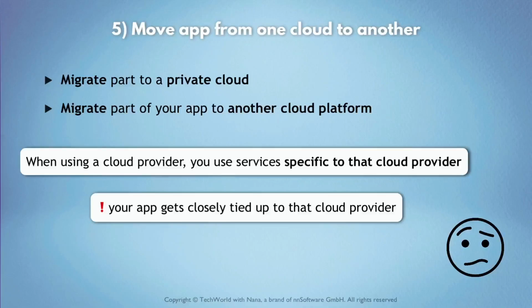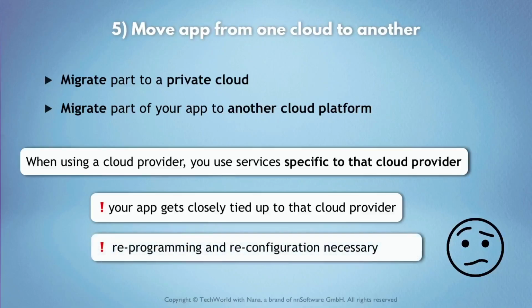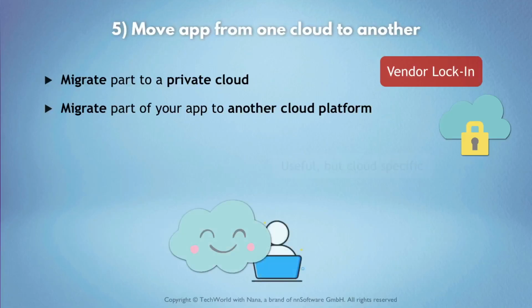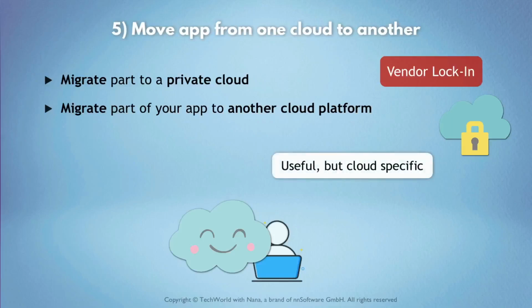You may need a lot of reprogramming and reconfiguration to move parts of your code or the whole application away from the platform and migrate it to some other place. That's called vendor lock-in. An obvious reason for that is, of course, cloud platforms want to keep companies tied to them by providing these useful super services, which are cloud specific, so you can't move your application easily afterwards in case you need it.